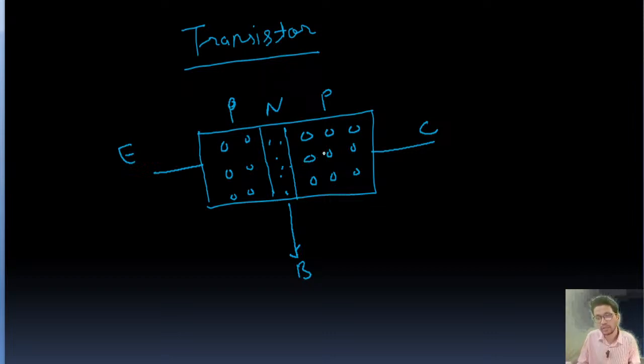So there's a current because of majority holes. Because of holes, the current starts flowing. Very simple thing. We have already studied it in class 11, 12, BSc, MSc. In the P part there are holes, and there are electrons. If they are biased, then current will flow because of majority holes.